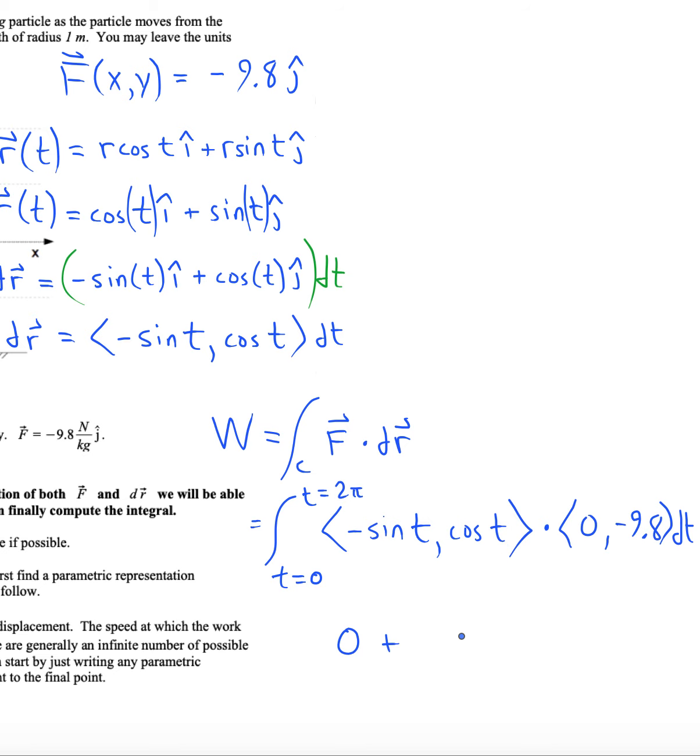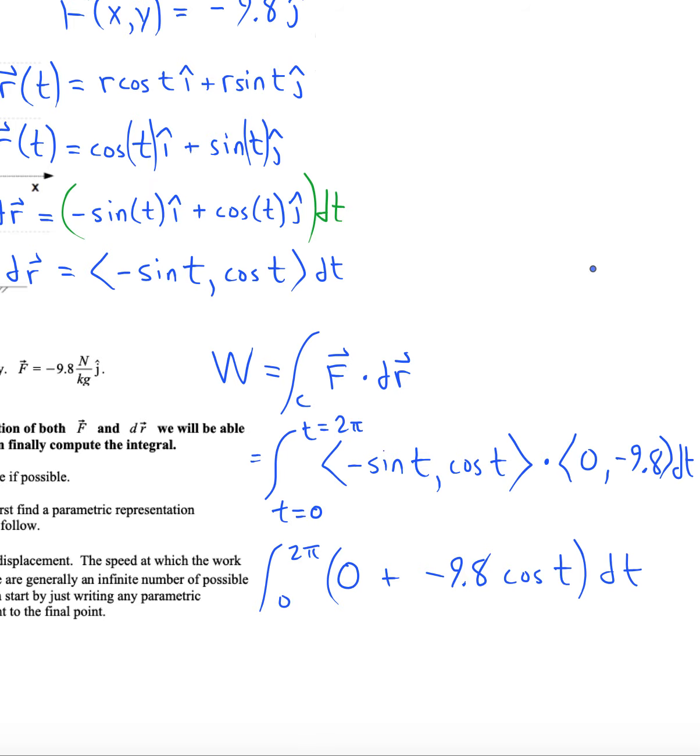Cosine t times negative 9.8 will make this. Bring our integration down. Now we want to find an antiderivative here.